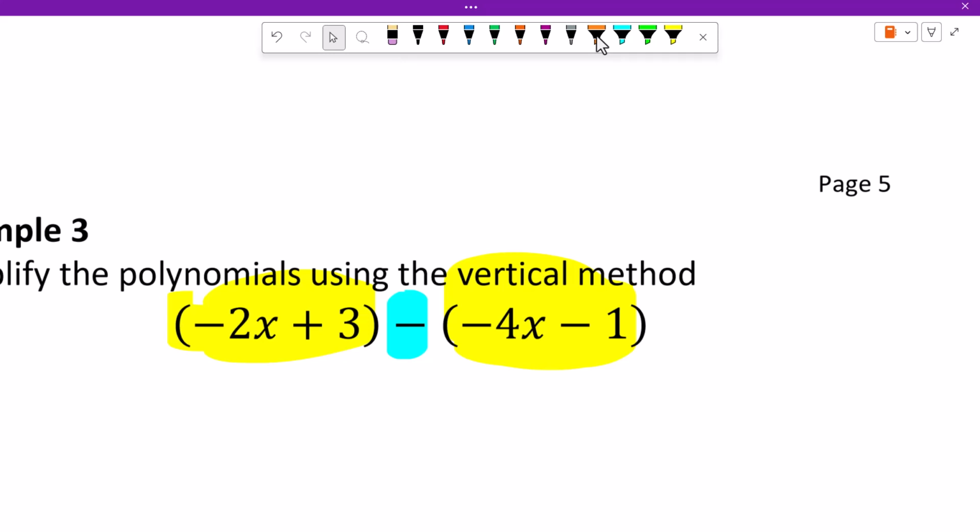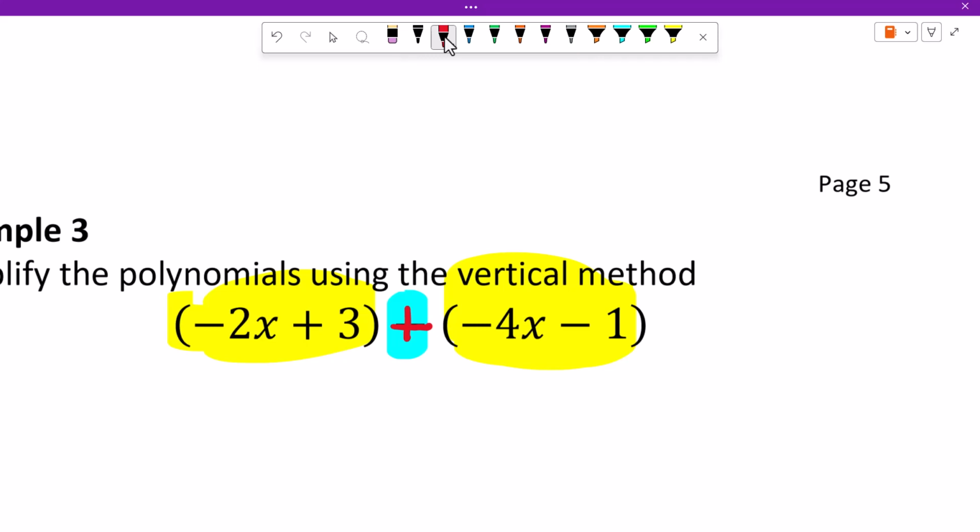So we're adding the opposite, right? We would never do this because this looks more complicated, but when we're doing it in polynomials, it makes it easier. So here, first step is change that minus sign to a plus sign. So remember, this negative belonged to the bracket afterwards. So now this bracket needs to become its opposite.